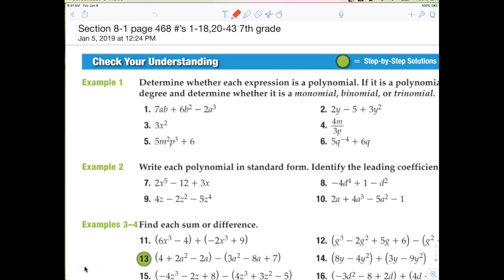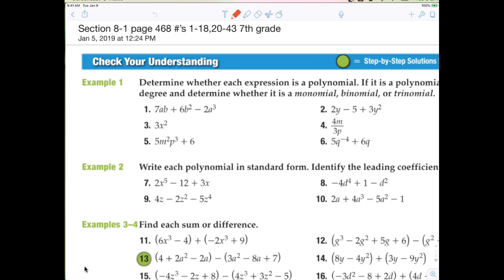This is a to the first power, b to the first power, b to the second power, a to the third power. You can't have something to the 1.5 or to the negative third power. Is everybody with me on that? So number one, we can label as a trinomial.